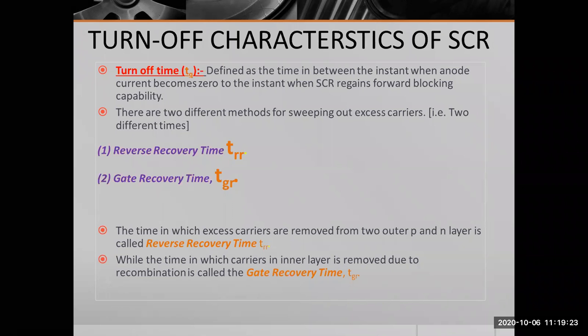What happens if a DC supply is there? DC supply means a continuously constant value. There is no possibility of the anode current naturally coming to 0. So for that purpose we require a separate commutation circuit, because DC supply has a continuous constant value, so it will not automatically come to 0.